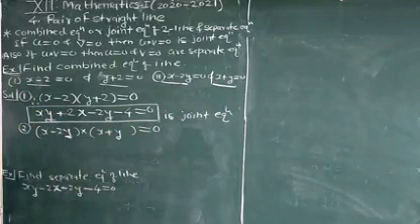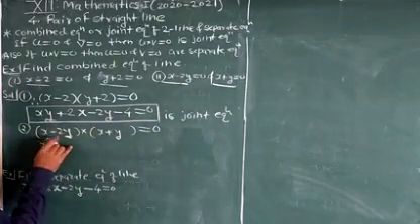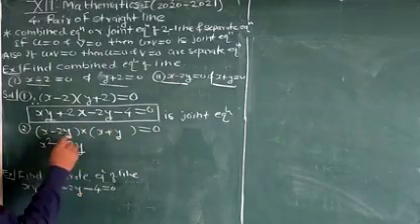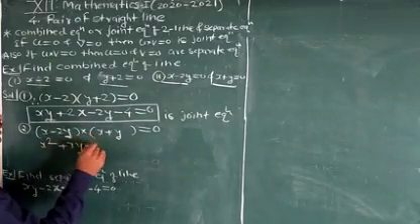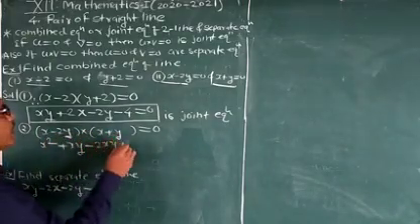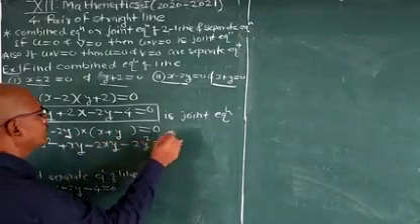Multiplying: x into x is x square, x into y is xy, minus 2y into x is minus 2xy, and minus 2y into y is minus 2y square, equal to 0.